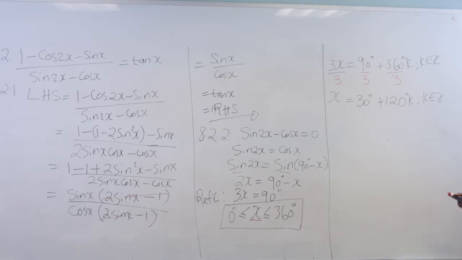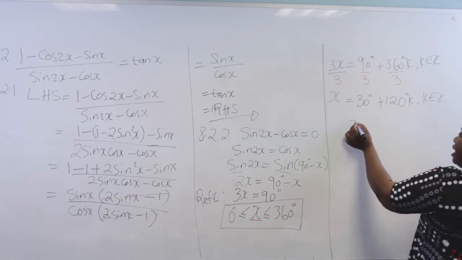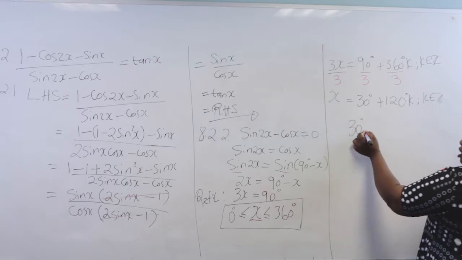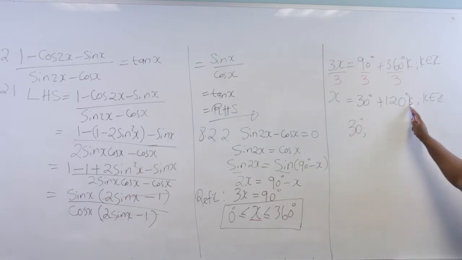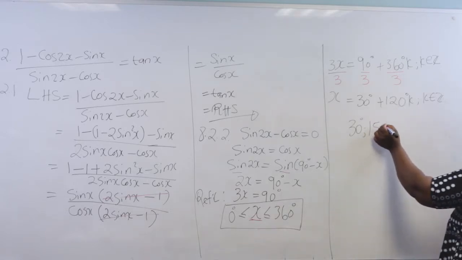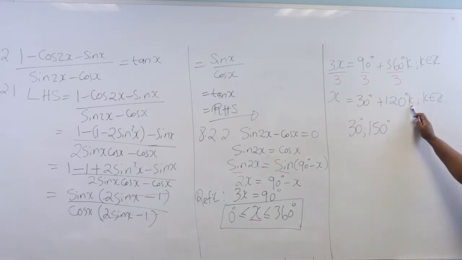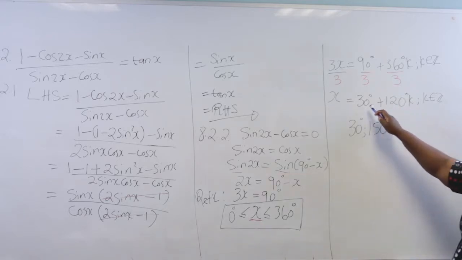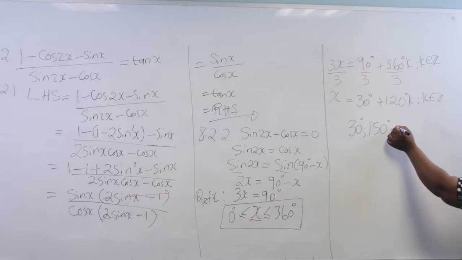Now we start doing what we need to do. If I put 0 here, one of the solutions that I have is 30. If I put 1 at k, then my solution will be 120 plus 30, which is 150. If I put 2, I'll have 240 plus 30, then I'll get 270.